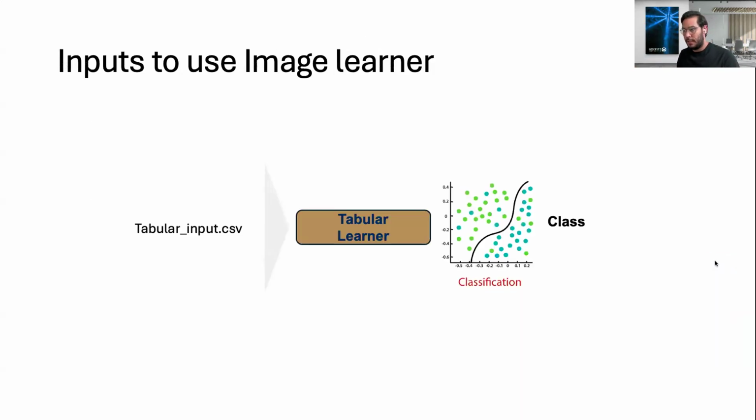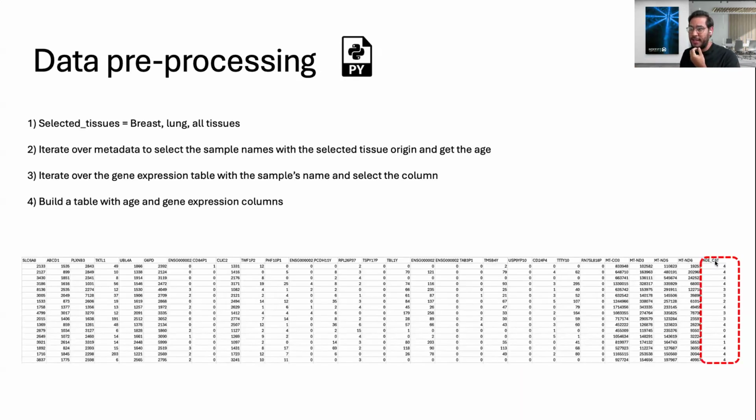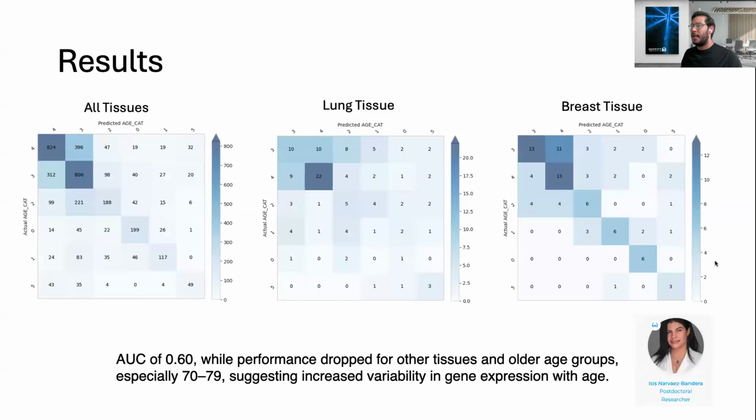Okay, so that's all I need for the tabular. And our results are kind of interesting because since we are doing prediction, we need to pack the age into groups. So 40 to 50, 50 to 60. So those are the packs of groups.